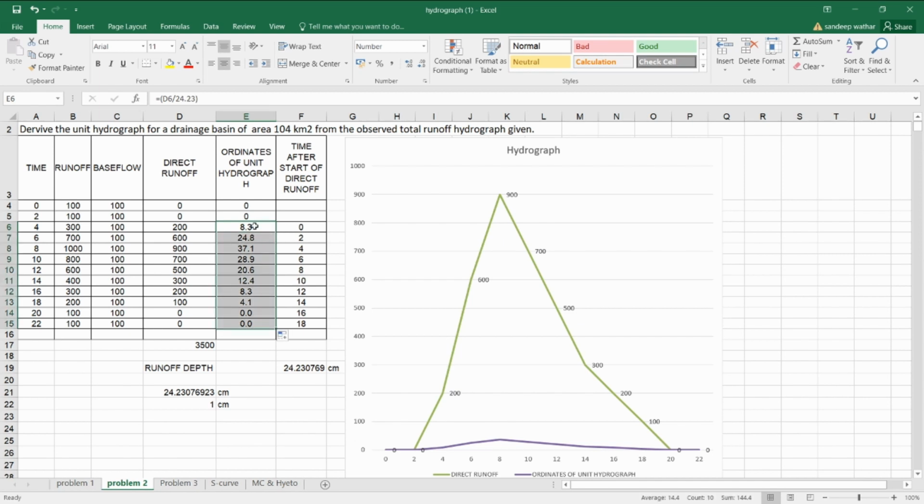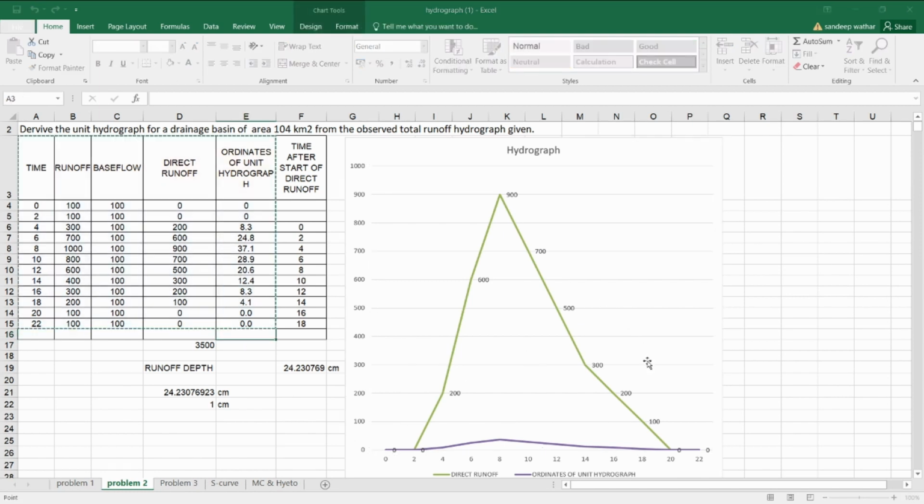Now similarly, I solve all the ordinates in a similar manner, and I determine the ordinates for all the intervals. These are the ordinates representing an effective rainfall of 1 centimeter. So you can see this curve is representing the unit hydrograph, where the ordinates represent the effective rainfall of 1 centimeter.